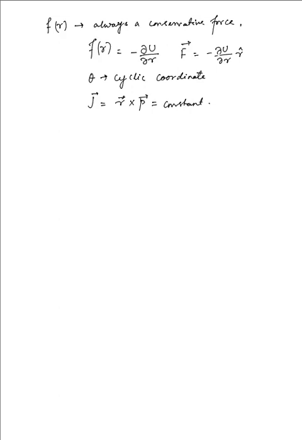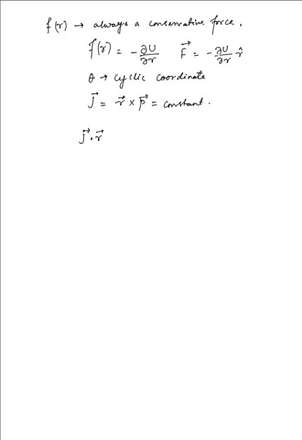In the absence of external force, as far as the first law of motion is concerned, the angular momentum must remain constant. Now we can just write this as taking the dot product of J and R.